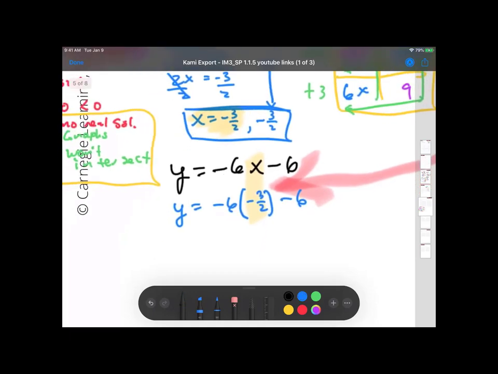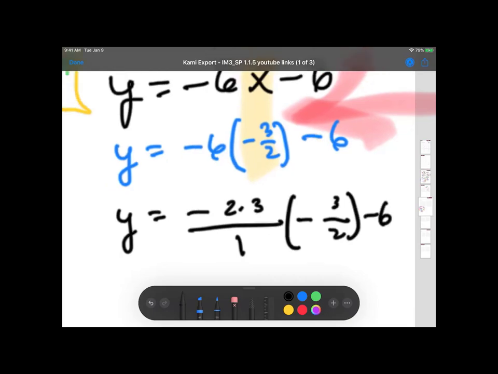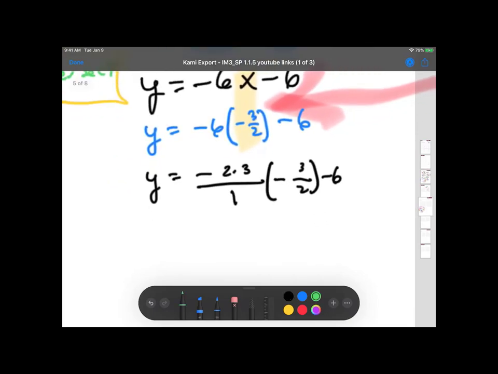Okay, so how do you deal with fractions? I'm going to put this as negative 6, okay? 6 is 2 times 3, and you have this negative 3 over 2 minus 6. So what I'm going to do is cross cancel, right? See these 2's? Gone. Why can you do that? Because it's multiplication. 2 divided by 2 is 1.